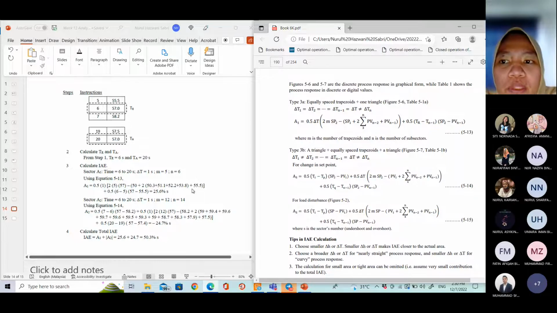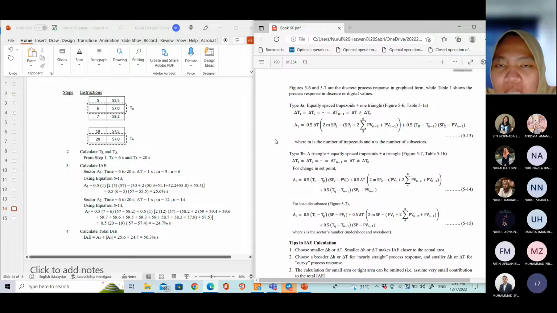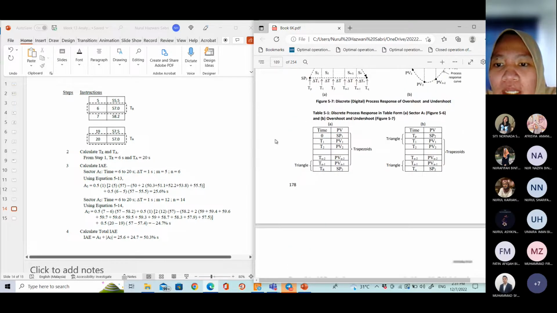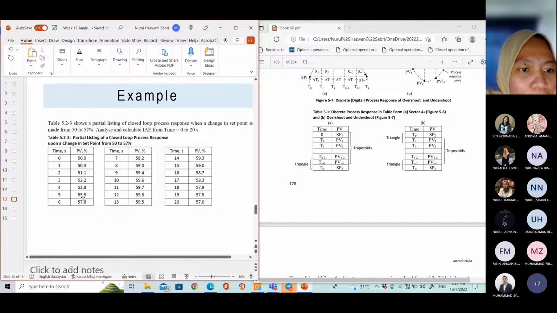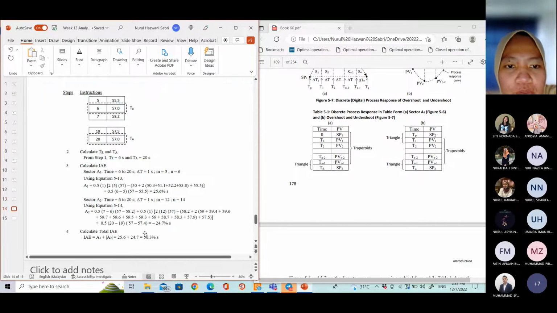So you need to plus with PVN minus 1. So where is your PVN minus 1? Is before set point number 2, which is 55.5 lah. So you put 55.5.